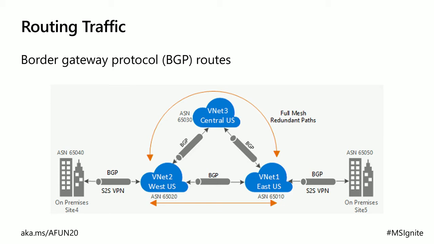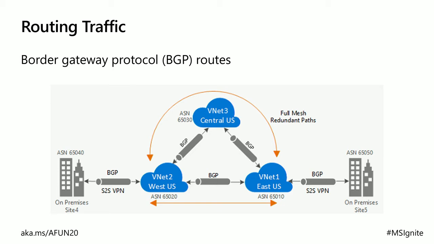In this specific scenario, I have my on-prem location, and a site-to-site VPN, just a normal VPN gateway with the BGP route set up, that I'm connecting to one of my Azure regions. It then has its own BGP connection to another region.